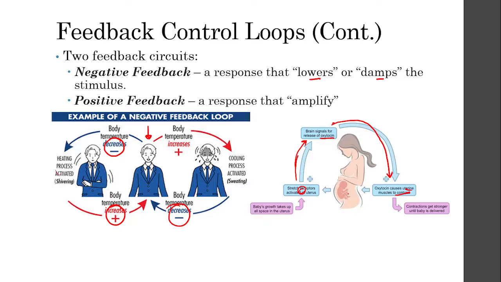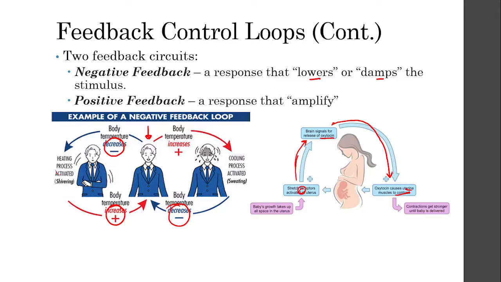So what you see is that the contraction is not decreasing. What this positive feedback loop is doing is actually increasing the contraction even more. The reason it wants to do that is to help aid in the birth of the baby. Giving birth is very painful because of this contraction, but without it, the pregnant lady would have a hard time giving birth.